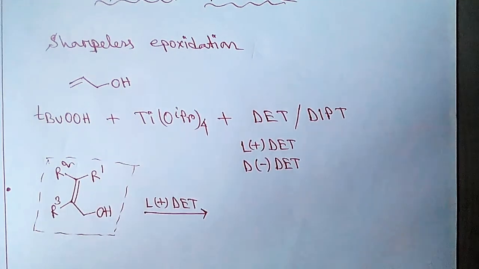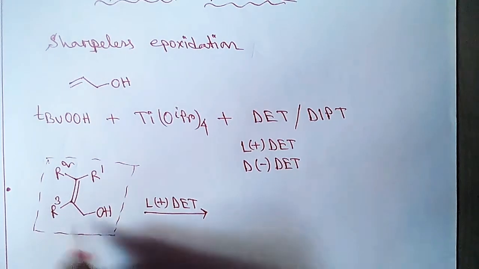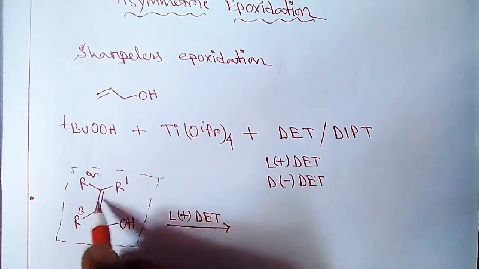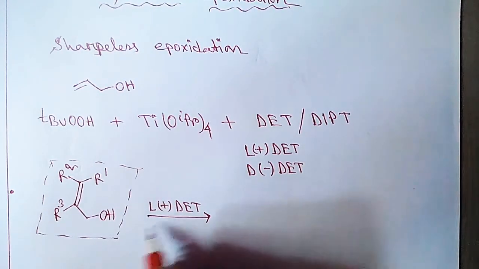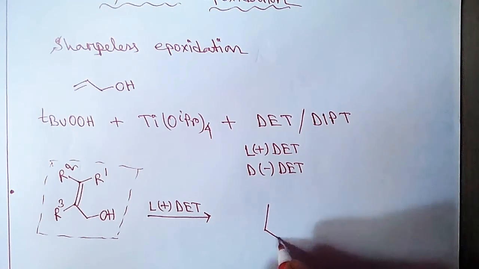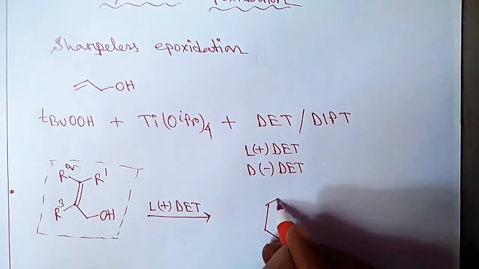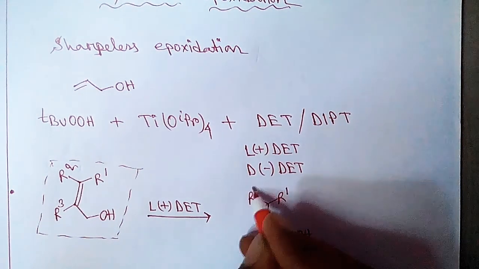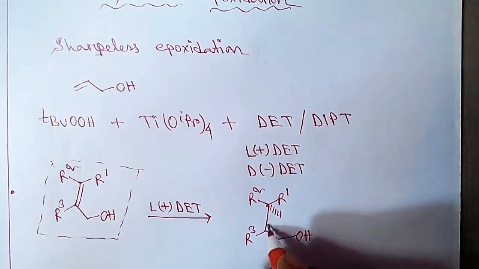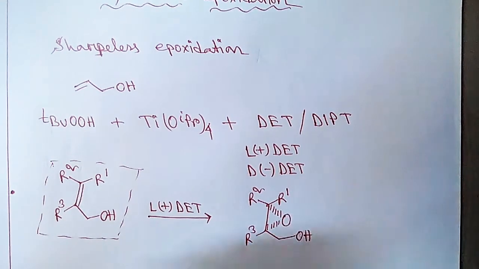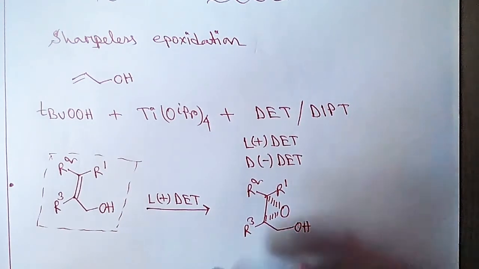So in case of L plus DET, the epoxidation will occur from the lower side, and the product will be like this.